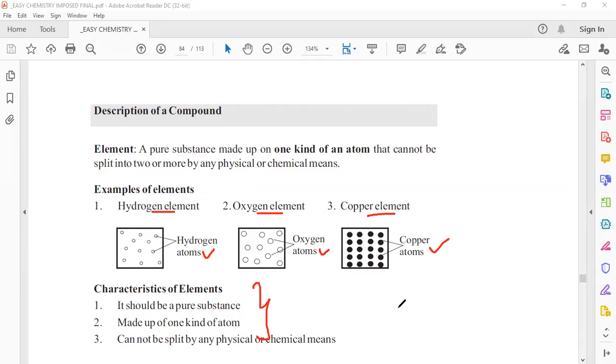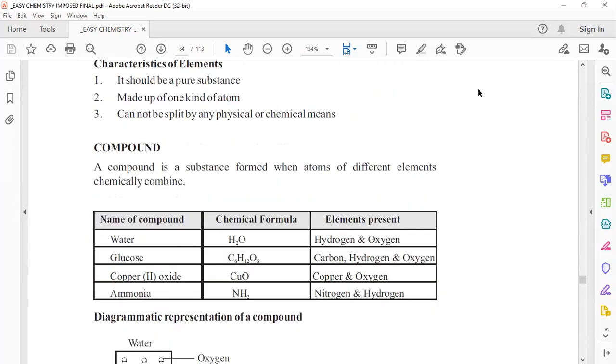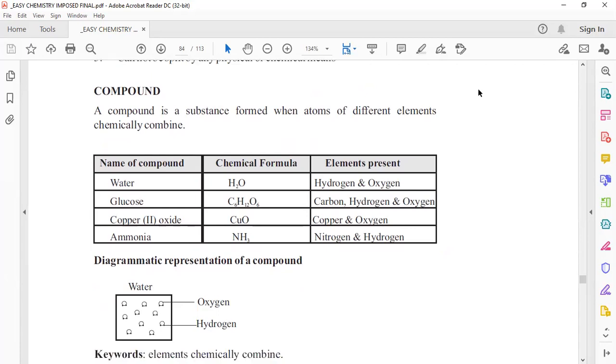Now we can talk about all these characteristics of an element and characteristics of a compound, but for now our interest is how do we formulate a compound? Let's look at the page down below. What really is a compound?